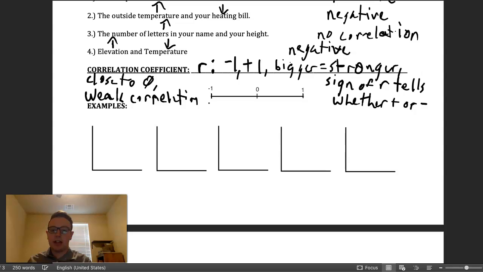So at -1, we have strong and negative. At 0, we're looking at no correlation. And at 1, we're looking at a strong positive.